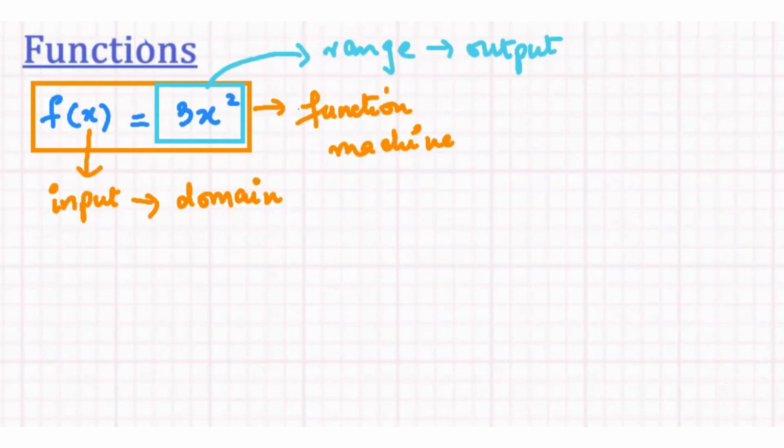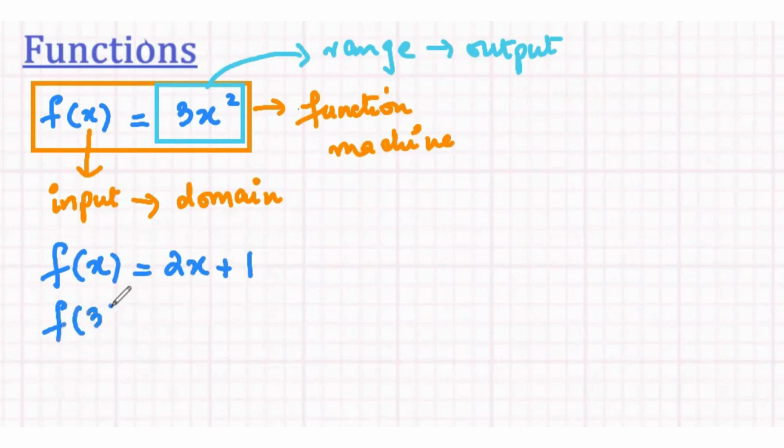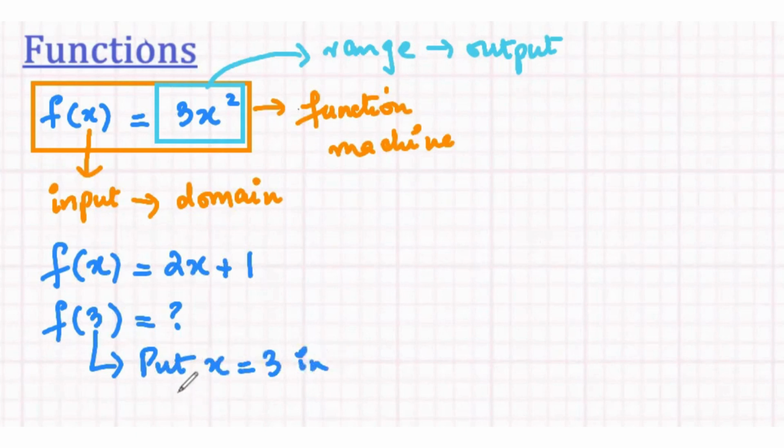So keeping that in mind, let's say we had a question where they said that the function is f of x equals 2x plus 1. And they were asking you to find f of 3. So to find f of 3, remember that you put x equals 3 in the function. Why x equals 3?